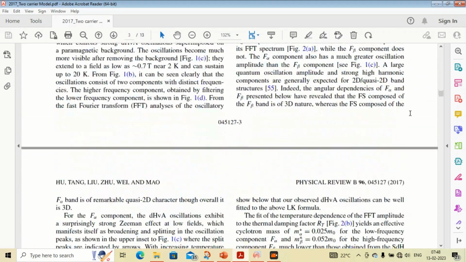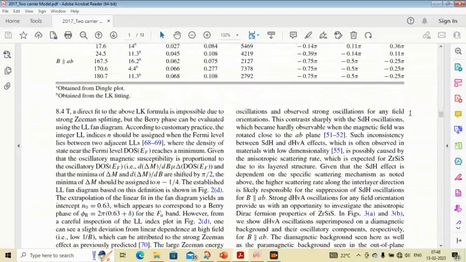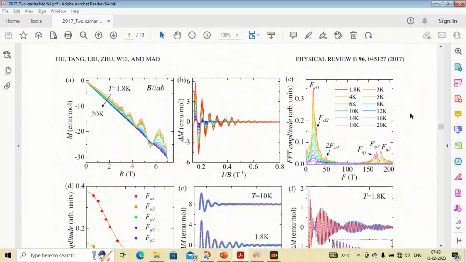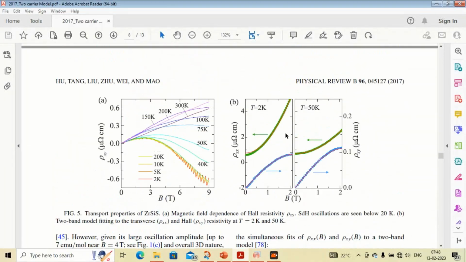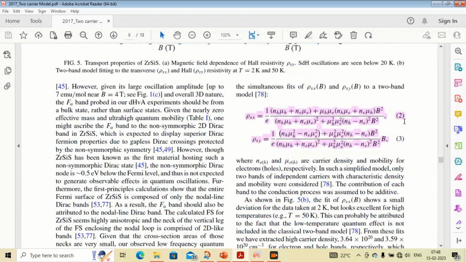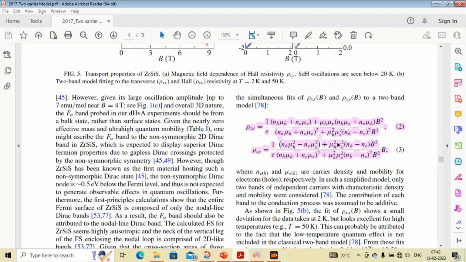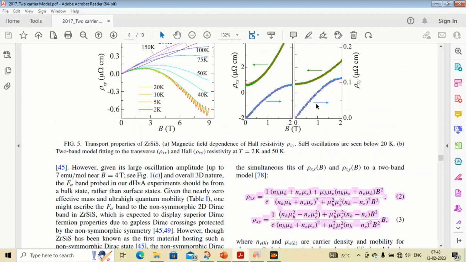You can see in this paper they have measured rho xx and rho xy, and they have fitted them simultaneously in order to get an idea of the carriers. Here they have given the formula for the two carrier model. This is the formula for rho xx and rho xy. So what we do is write these formulas in Origin and try to fit some data. It means we want this kind of fitting.